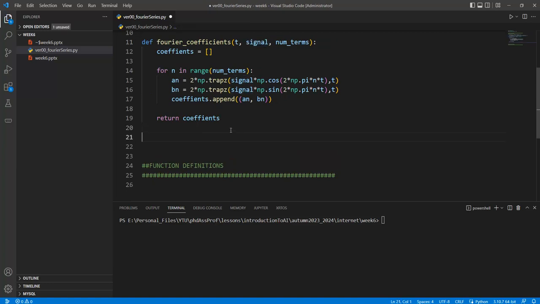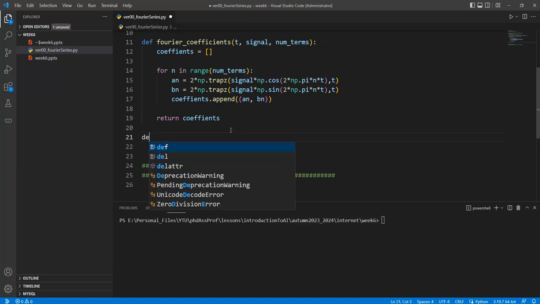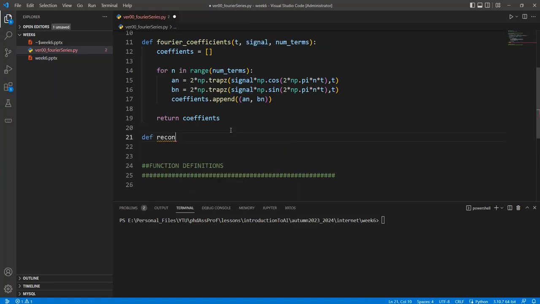Okay. So we want to reconstruct our signal by using these coefficients, okay? And so t and coefficients must be utilized in this form, okay?